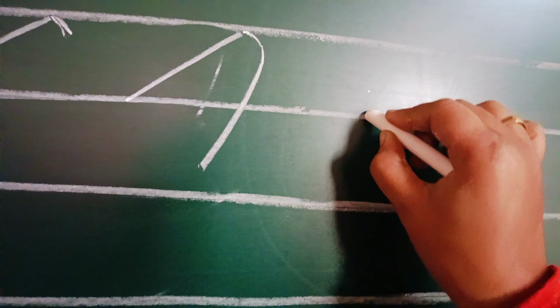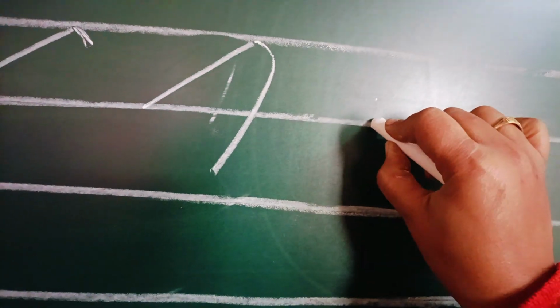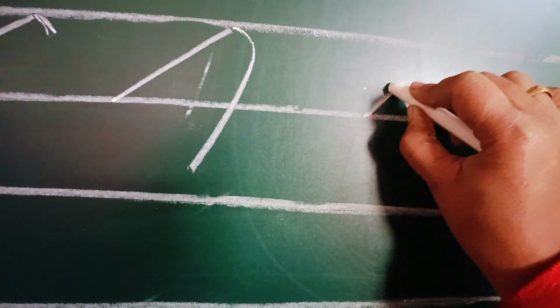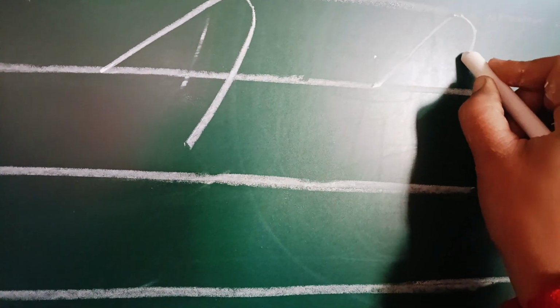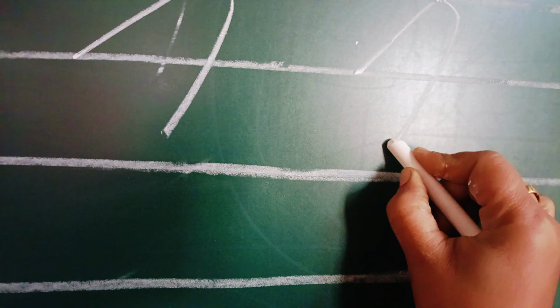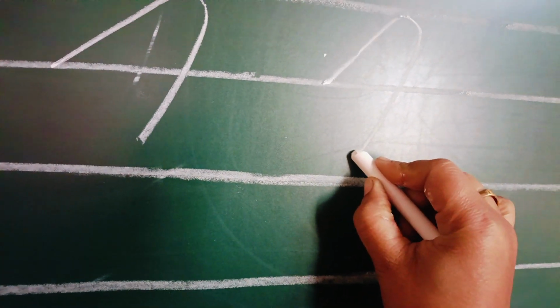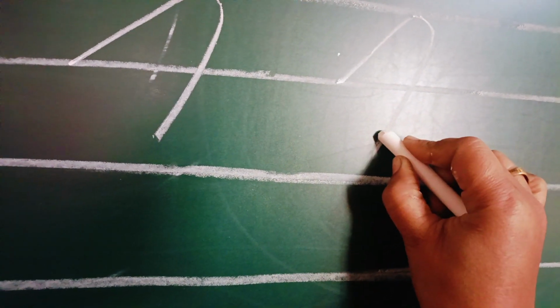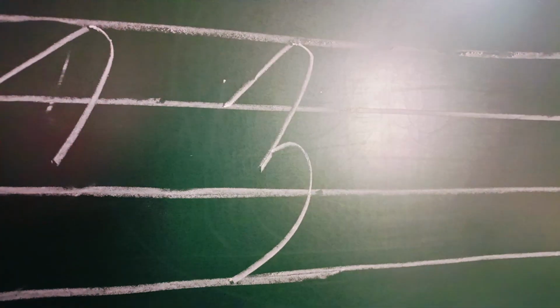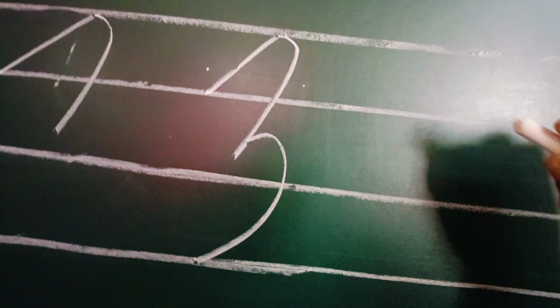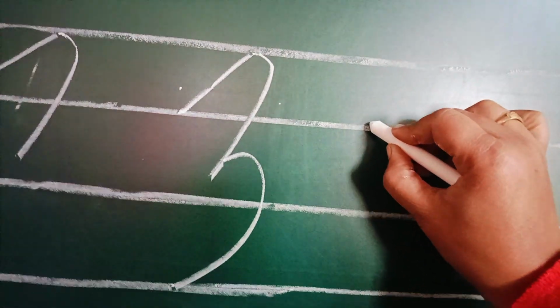Again, put your pencil on the second line. Make a slant line. Make a curve and come straight between second and third line. From here, just make a right curve. Make a right curve.